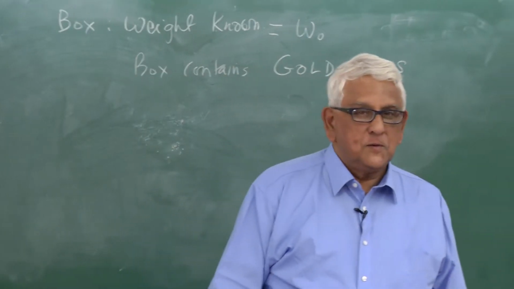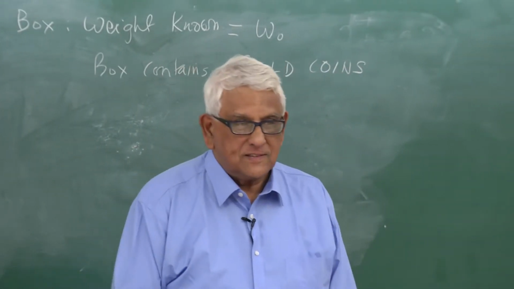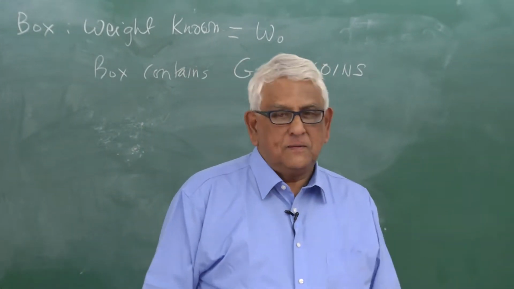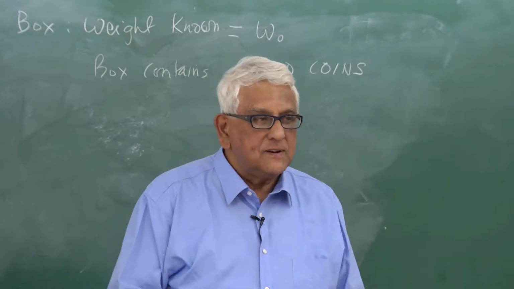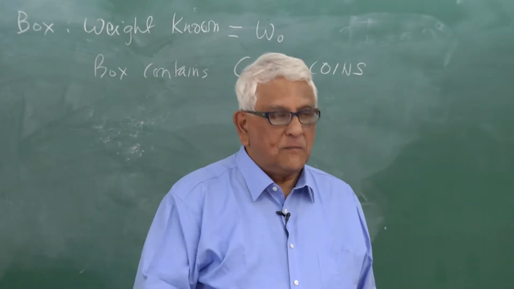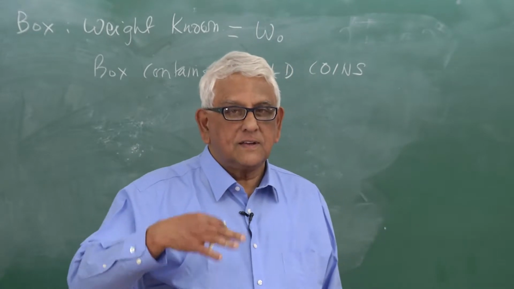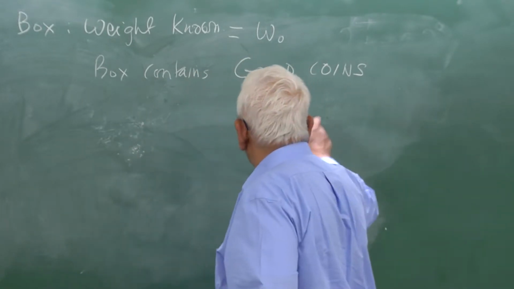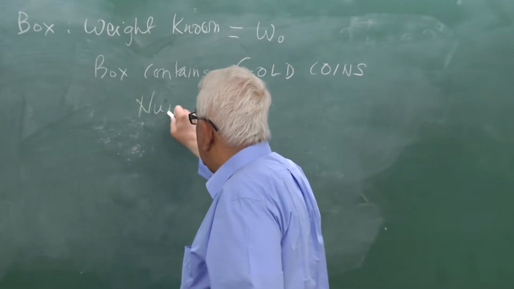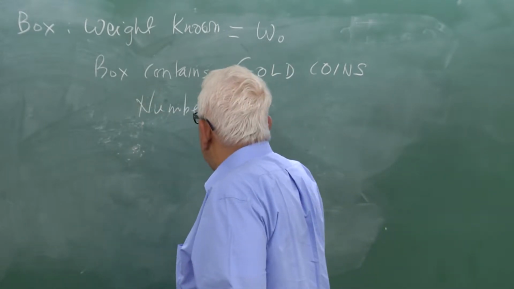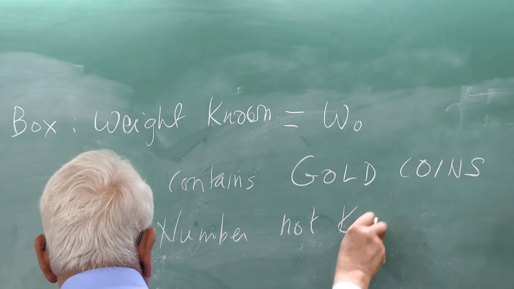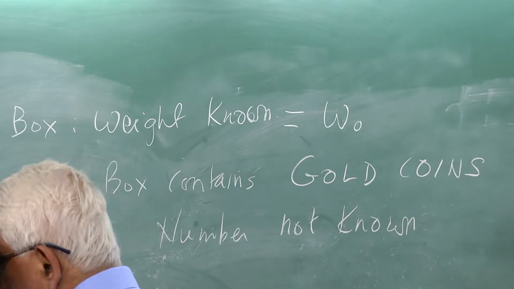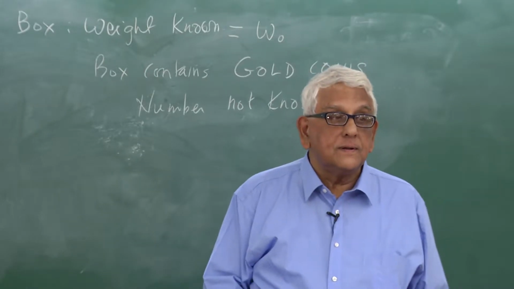You see, this is to increase interest. If I had said it has some pieces of paper in it, then it would not be so interesting. But it has a certain number of gold coins. And the number of coins, the number is not known, okay?